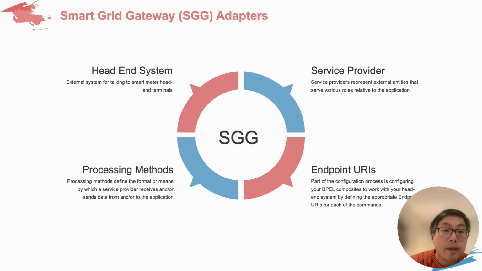What I'm trying to say is we don't have too much time to talk through the whole of SGG, but related to outbound, you will see some of the objects in the system actually utilize these concepts, as I mentioned on this screen: head end system, service provider, which is the MDM service provider, then processing method, and endpoint URI.